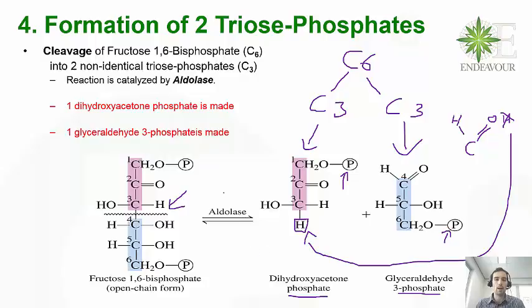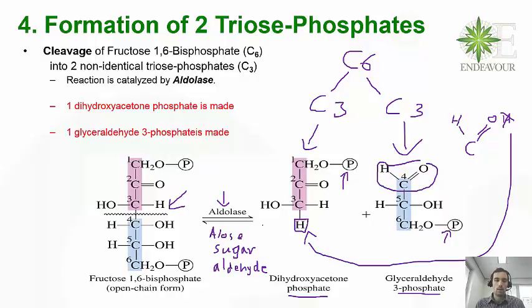And this reaction is facilitated by something called an aldolase. An aldose is a sugar that contains the aldehyde functional group. We can see that we have the aldehyde functional group present in our glyceraldehyde 3-phosphate up here.